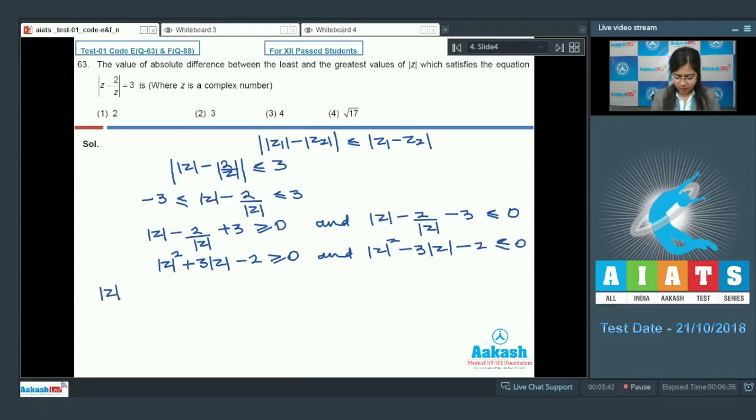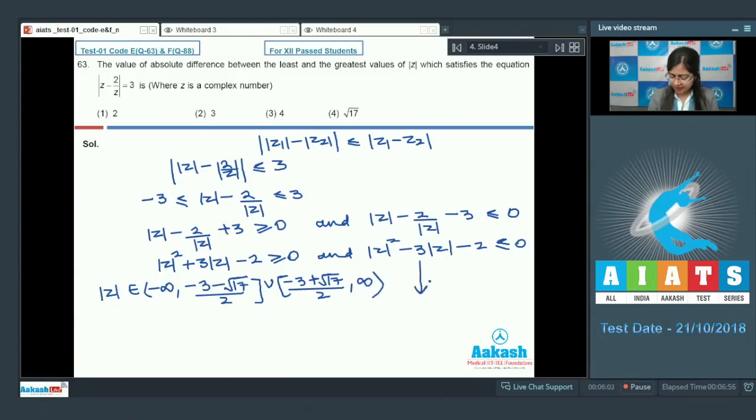Here we can see that mod z will belong from minus infinity to (minus 3 minus root 17) upon 2 union (minus 3 plus root 17) upon 2 up till infinity.